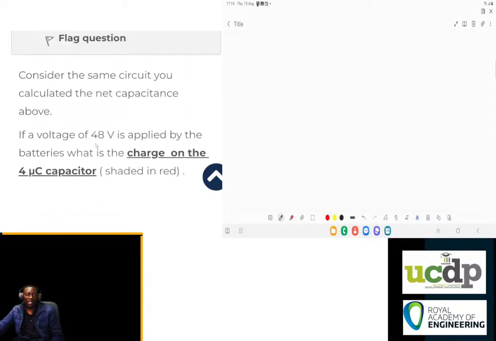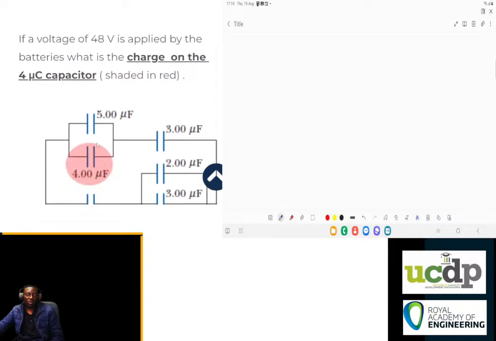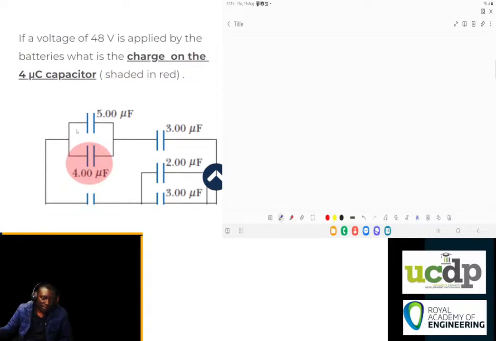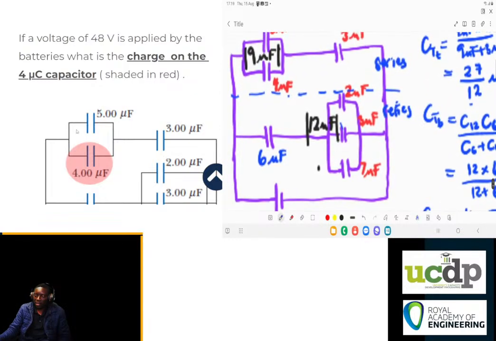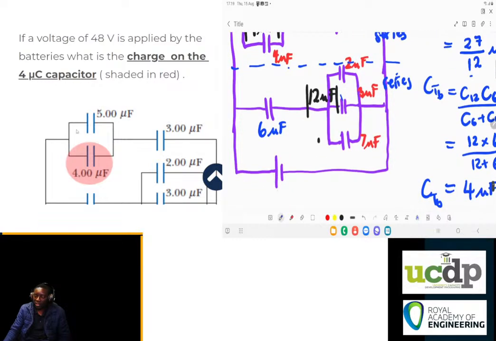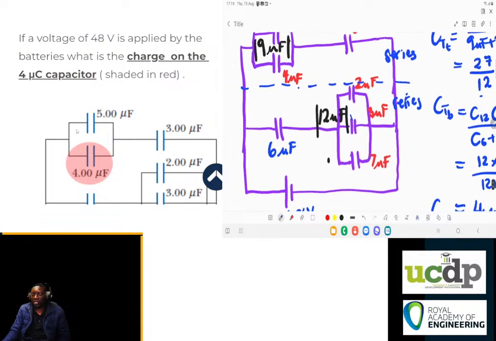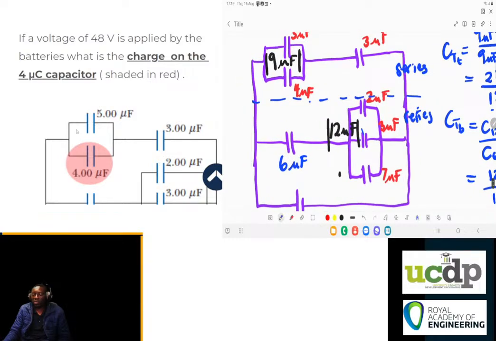If the battery supplies 48 volts, what will be the value of the charge on the 4 microfarad capacitor?